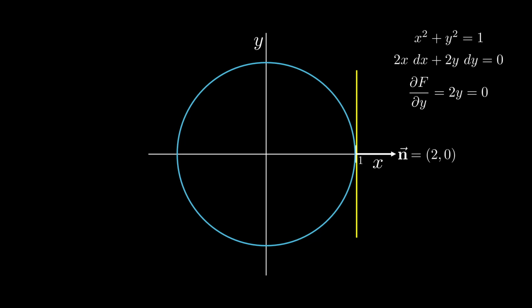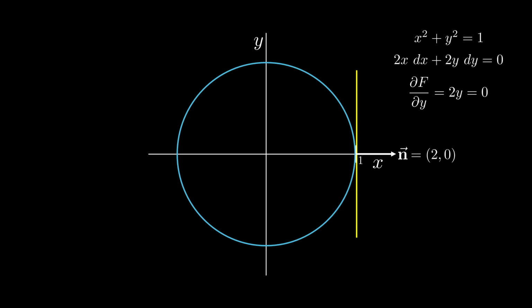So what's happening here? The partial derivative with respect to y, which is this axis, is equal to 0, which means that our normal vector has a 0 y component, and this is causing the tangent line to be vertical, and that doesn't allow us to describe a function right here.